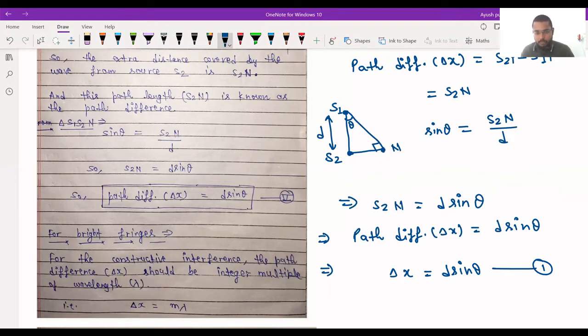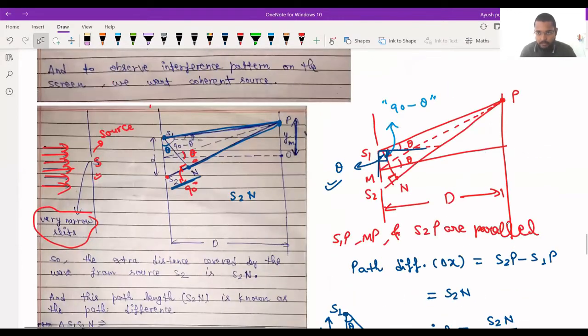Now we have calculated the path difference between the two light rays, S1P and S2P. Now what is happening at this point P? At this point P, the two light rays coming from sources S1 and S2 are interfering. After interference, they will give either maxima or minima.